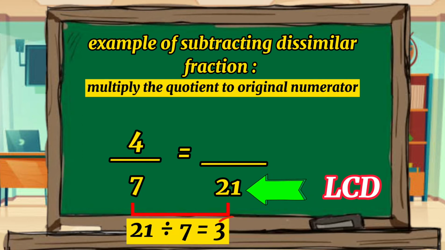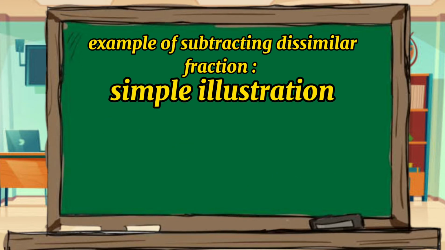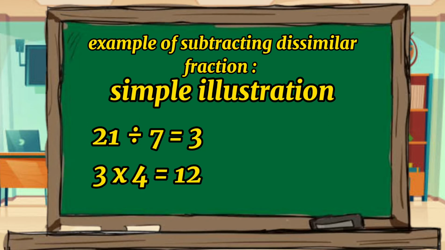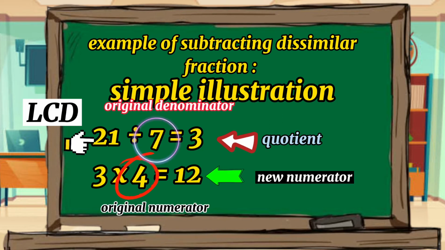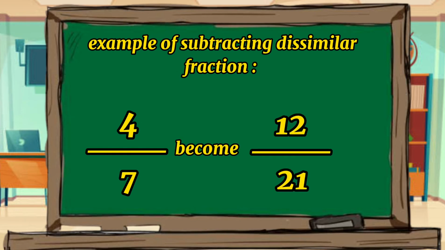Then, multiply it to the numerator, which is 3 times 4 equals 12. Let's take a look at a simple illustration. 21 divided by 7 equals 3 and 3 times 4 equals 12. Therefore, 4 over 7 becomes 12 over 21.